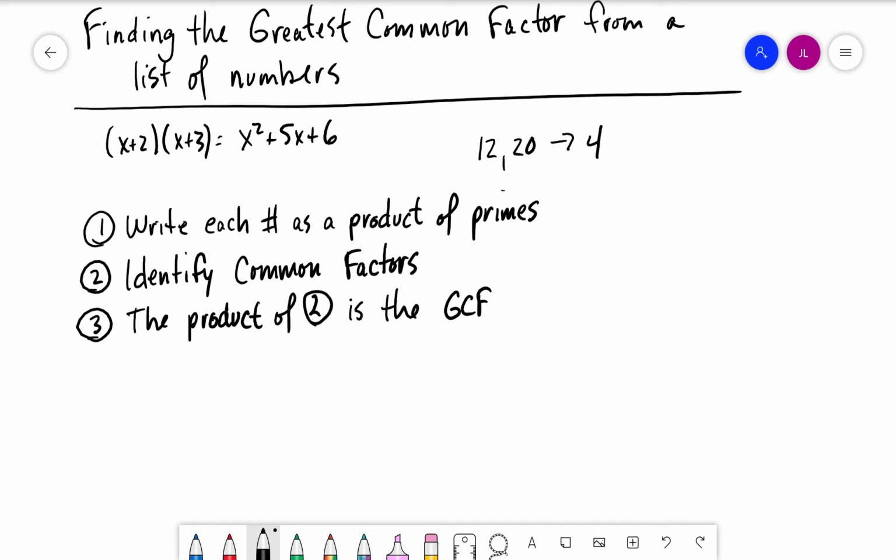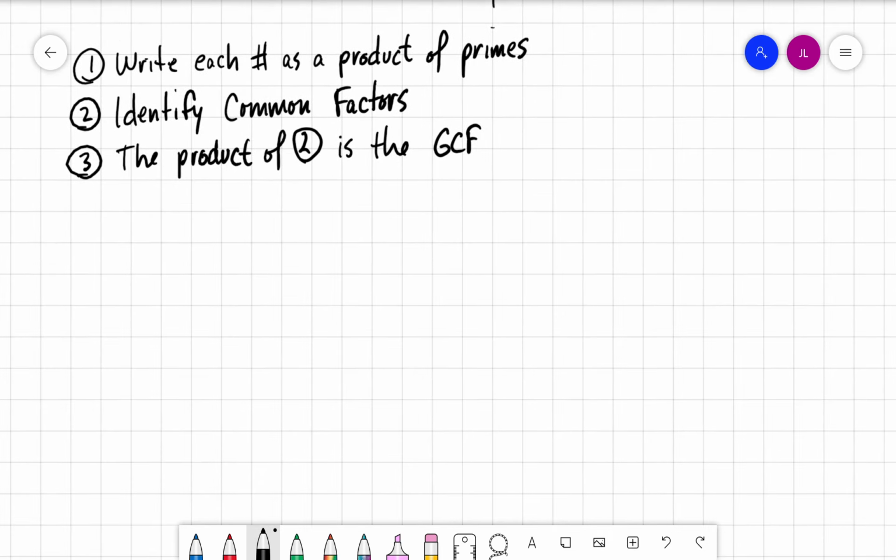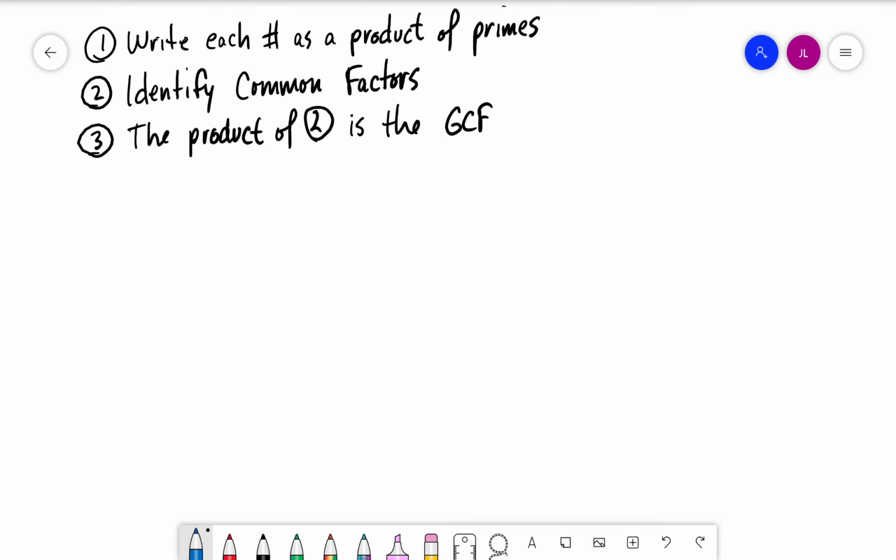So what does this mean? Well, let's look at a couple different examples. First, let's say we have 28 and 40, and we want to find the greatest common factor between 28 and 40. If we write these as a product of primes, 28 is equal to 2 times 2 times 7. 40 is equal to 2 times 2 times 2 times 5.